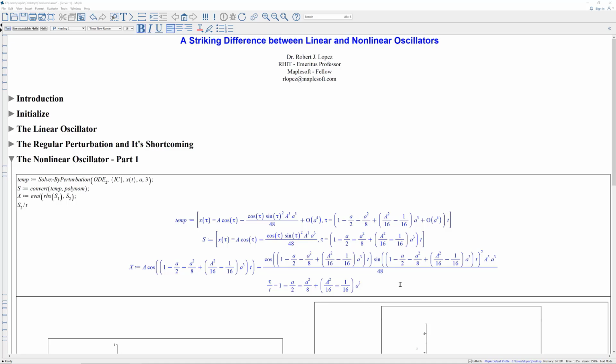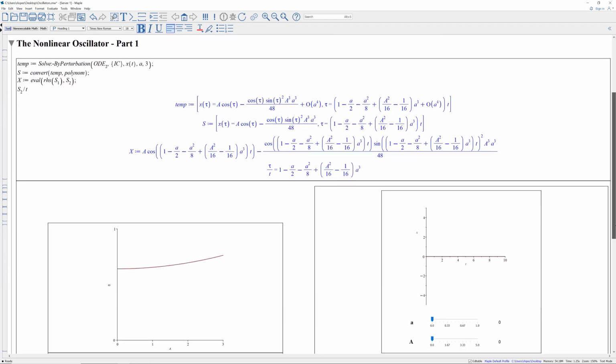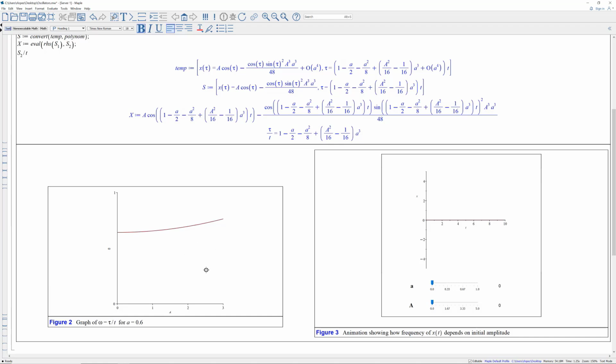Before we get into the details of how this expansion was created, let's just draw a couple of pictures. So right here we have a graph of this expression, which is the angular frequency, tau over t, and I've called that omega.